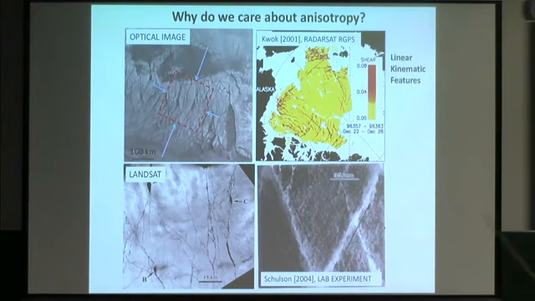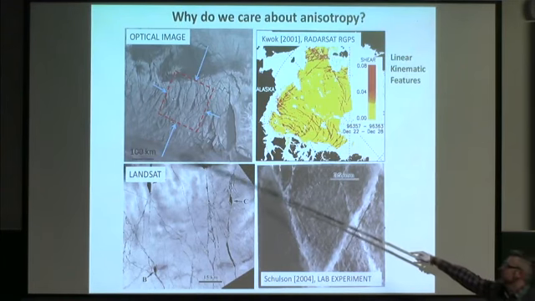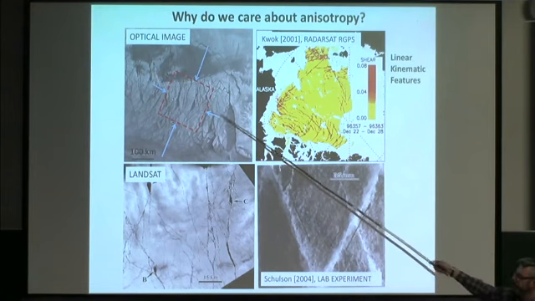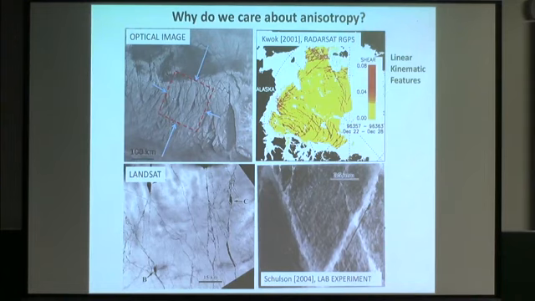If I wanted to squeeze this ice, I'd need to work a lot harder to squeeze it in this direction than across those weaknesses. So the presence of oriented weakness features in the ice cover has an impact on the momentum balance. It determines how much force is required to deform the ice cover. That's the motivation for bothering about anisotropy.